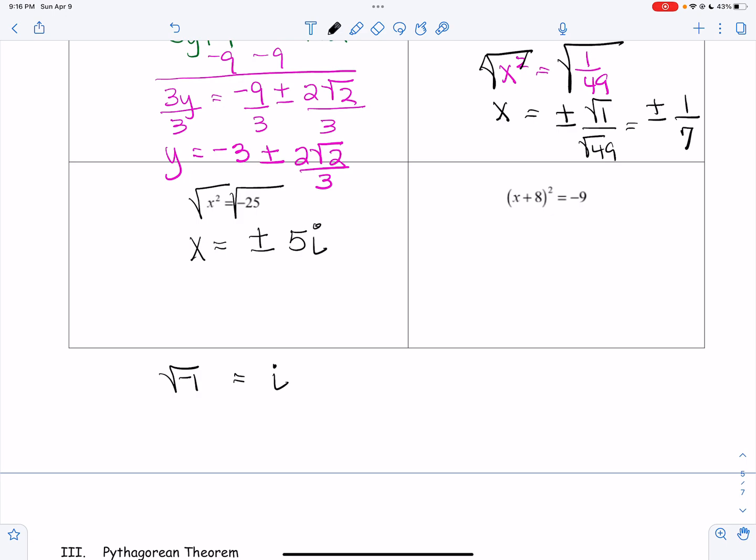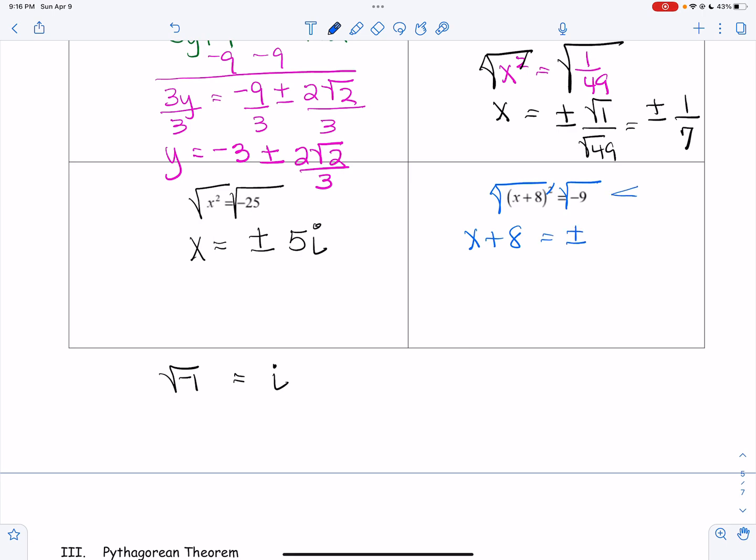And we always put the number in front of the variable, just like we do if it was an x. And this one, same idea. We take the square root of both sides. This 2 cancels that. x plus 8 equals plus or minus.